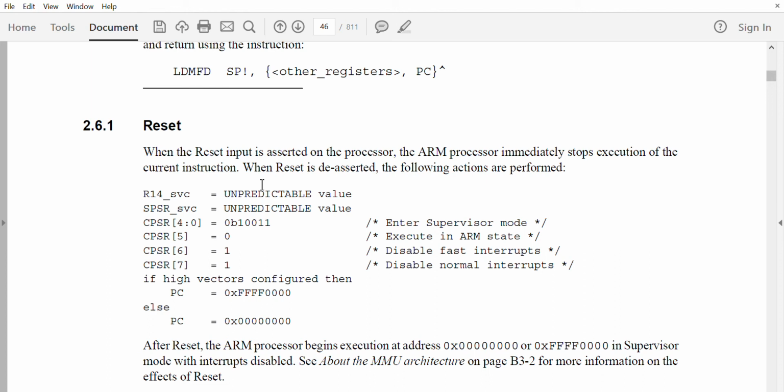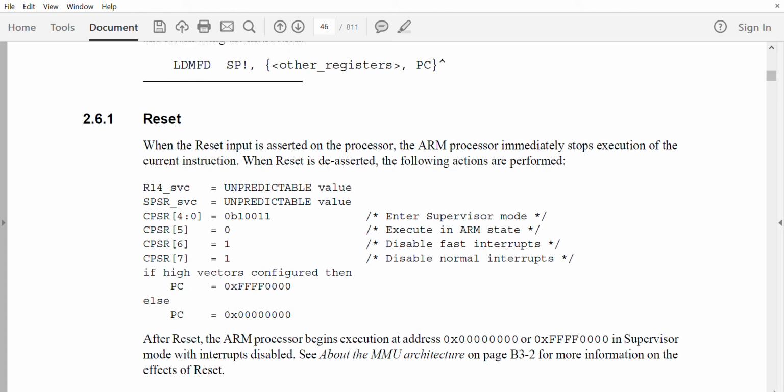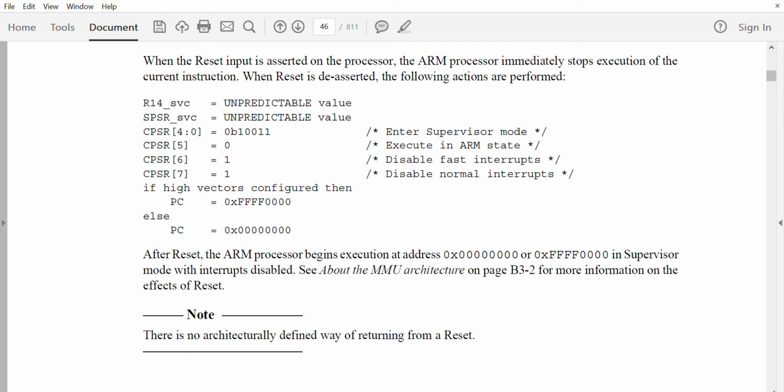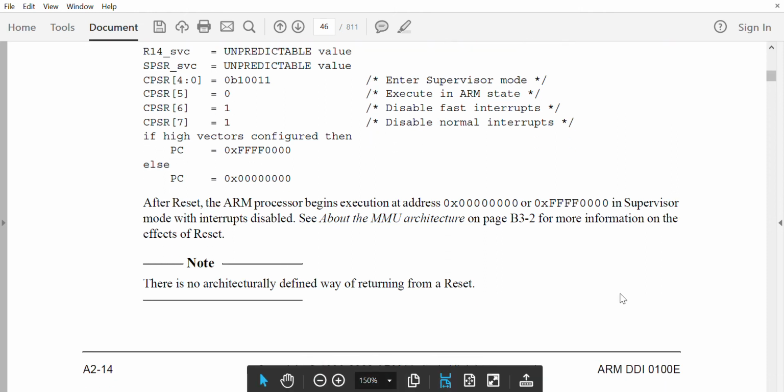And when the reset input is deasserted, or becomes 0, then these things will happen. You needn't actually know about these, just understand what the reset exception is. After reset, the ARM processor begins the execution at 0 or FF0.